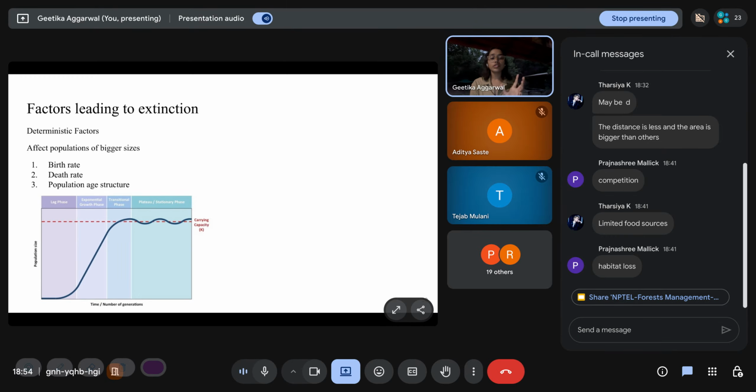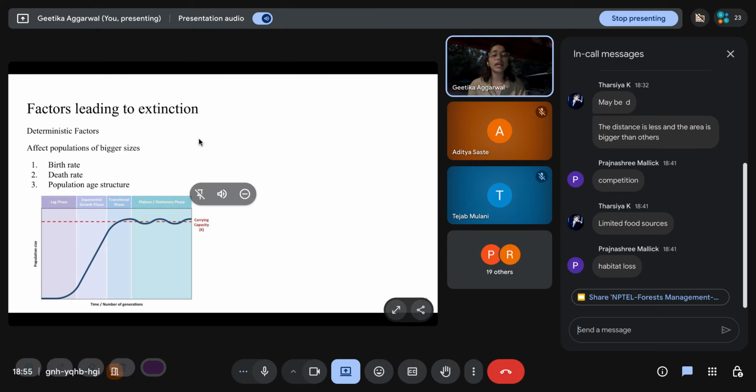Mostly, in most populations, there's a lag phase in which numbers slowly rise, then a log phase with a huge spike. This is the kind of growth that happens when a new species gets introduced into an area: the numbers are low, it eventually establishes itself, the numbers rise suddenly, and then it reaches a stable state.